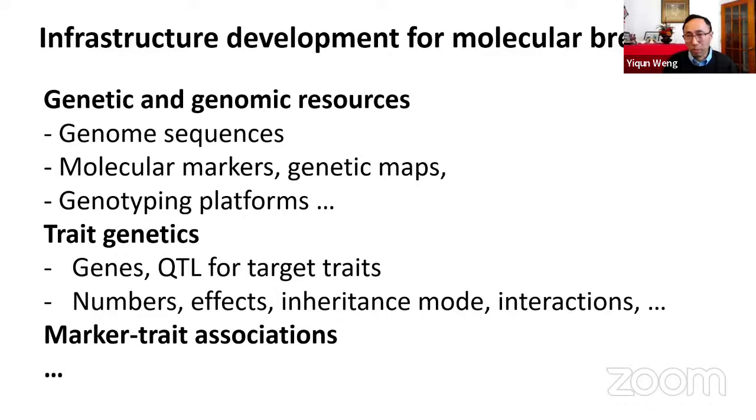And for the trait, you must have a very good understanding of the genetics of your target traits, like disease resistance, fruit quality, plant architecture, etc. So you need to know how many genes or QTL control the trait, what's the inheritance mode, and are there any interactions or any background effects, etc. And you need to establish marker-trait associations, which is a prerequisite for marker selection.